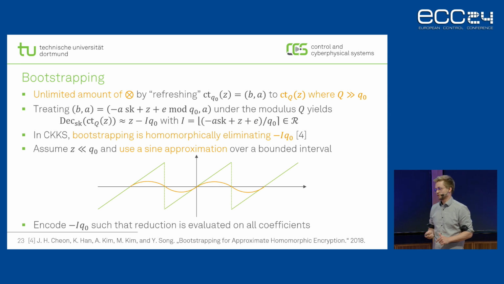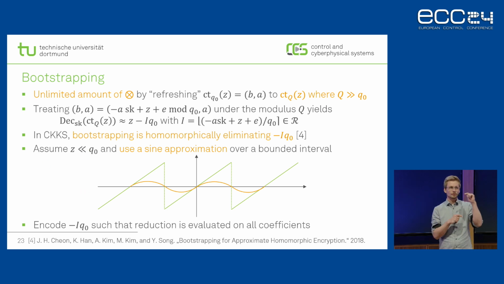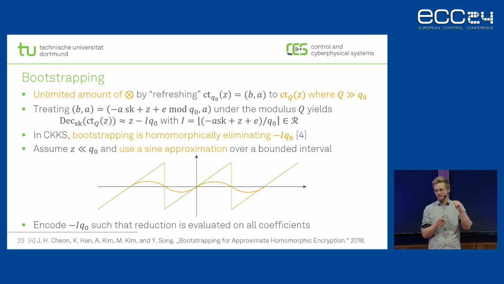Of course, you can try to implement a modulo Q reduction in a homomorphic fashion, but this is often very inefficient. What is usually done in the literature is we assume that the message is very small compared to our base modulus, and then we use a sine approximation of the modulo function. So basically, the orange curve is the sine, and the green curve is the modulo.